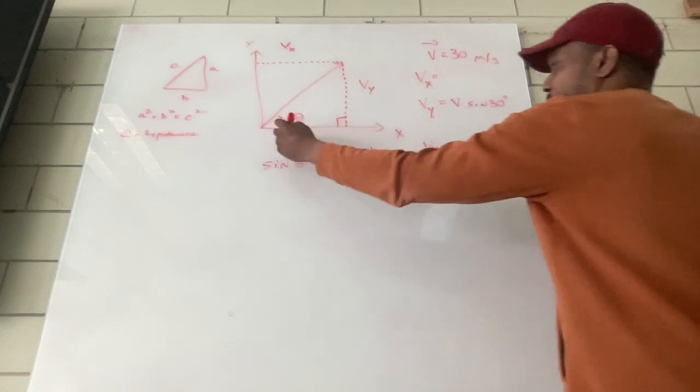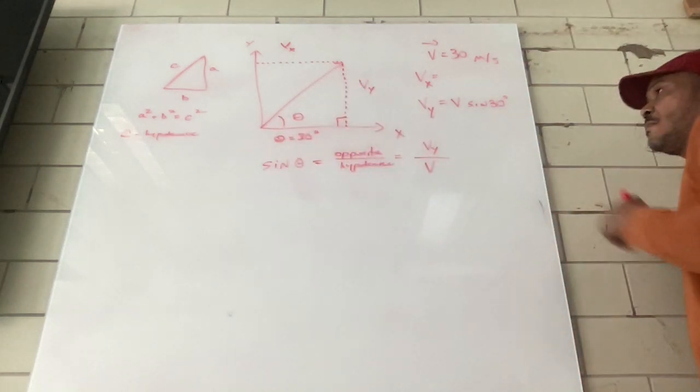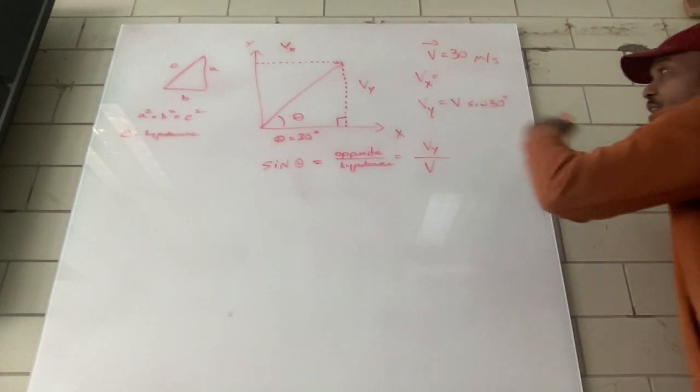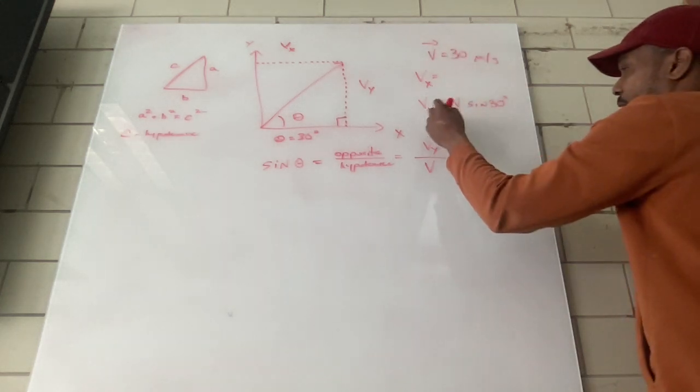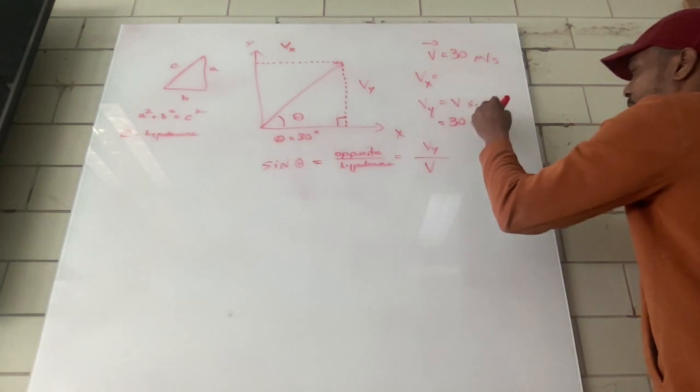That's if theta was 30 degrees. Then Vy would be V, and let's say this was 30, so you would have 30 times sine of 30 degrees.